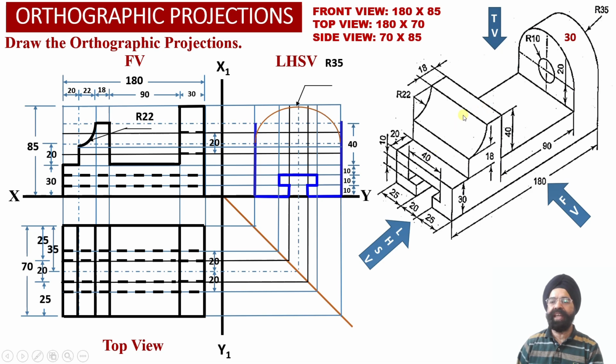Now as we have already discussed, the height of the left hand side portion of the solid is 70 millimeter, while the height of the right hand side portion of the solid, that is element number 3, happens to be equal to 85 millimeter. So now we can check corresponding to this portion, we will be having two vertical edges at a height of 70 millimeter from the ground, which will be visible to the observer corresponding to this surface and this surface over here.